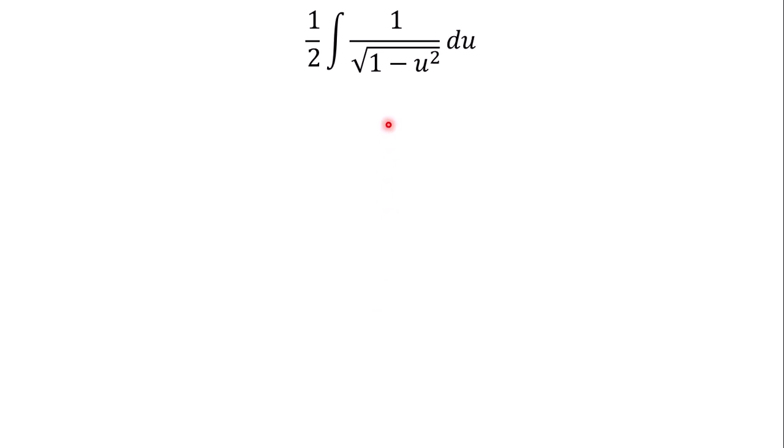Good. So this one here, 1 over square root of 1 minus u squared, this indefinite integral is something that we are all familiar with. All those who have read calculus easily know the answer to it, because most of the time it's part of the integral formulas that we know.